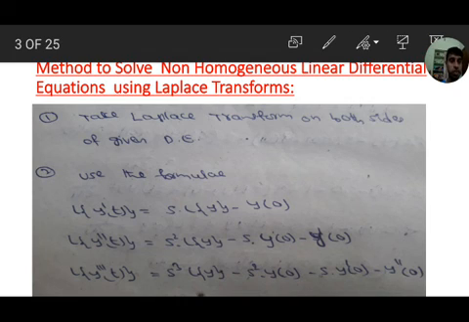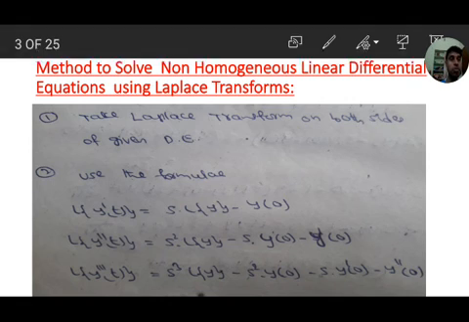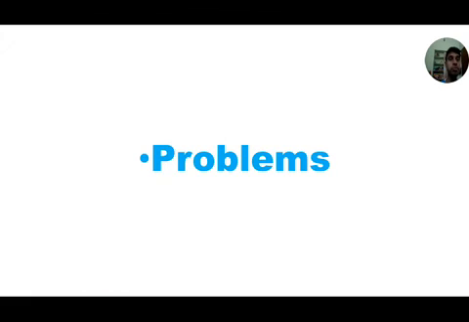Fourth step, convert the equation after substituting the initial values into the form L of y equal to an expression in terms of s. Then fifth step, take the inverse Laplace transform of the s terms. We get the required solution. Okay, we will move to the problems.